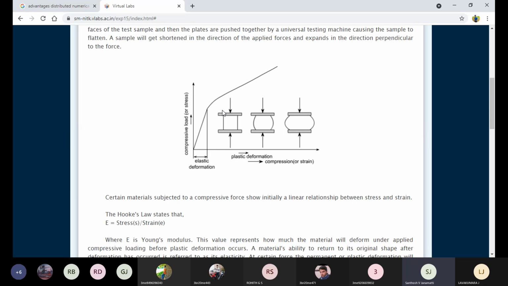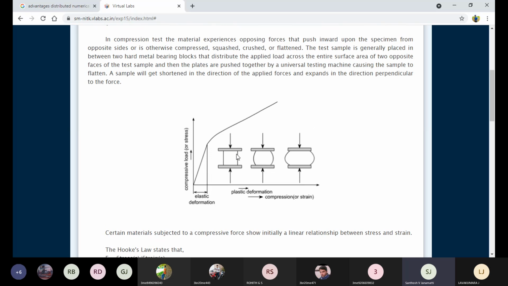That load may be in different forms: tensile, compression, bending or torsional. So how do we select the material?